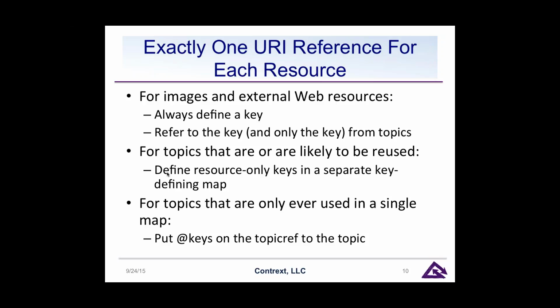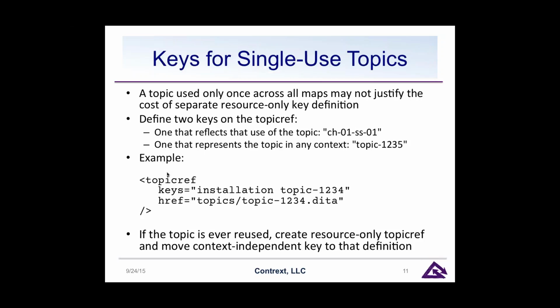If most of your topics aren't reused, then maybe you don't need to have that separate key defining map, and you don't necessarily need to be as strict about your keys. On the other hand, there's a certain value to doing things in a consistent way, regardless of the reuse, getting that set up once, and not having to think about how you're going to do things. So you have to decide.